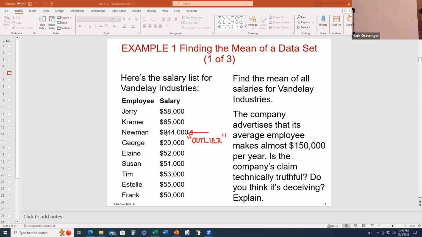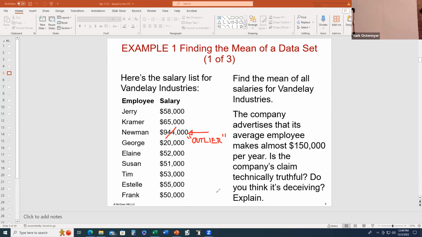Now, if we threw this outlier out of here, and then found the mean of the remaining 8 salaries, you can bet that the mean would be a much better representation of the true middle of the data set. But that outlier is an issue here.